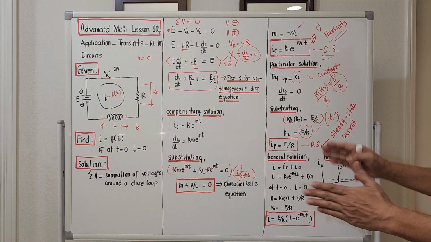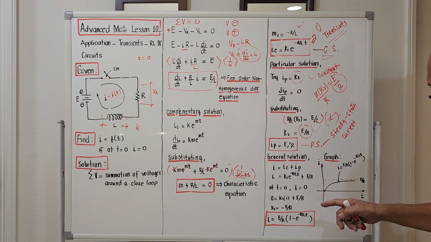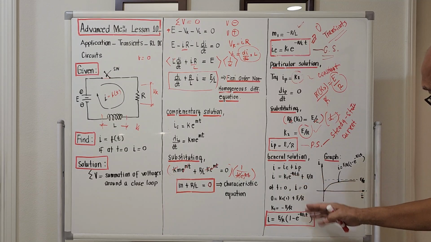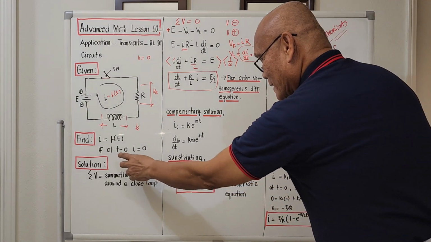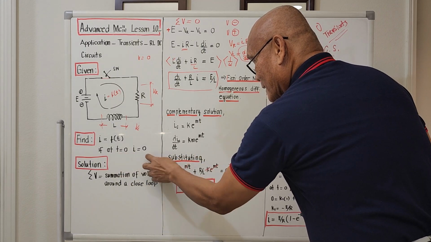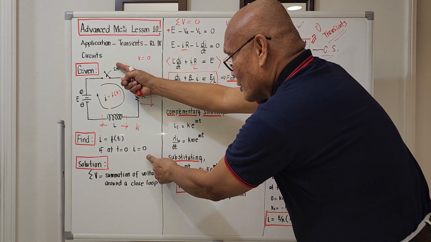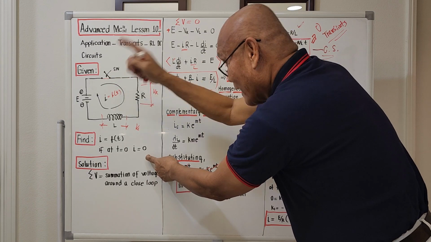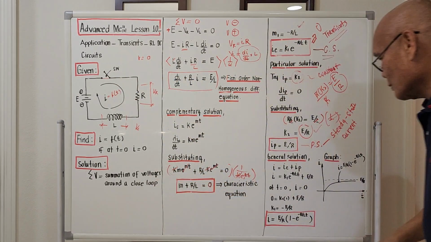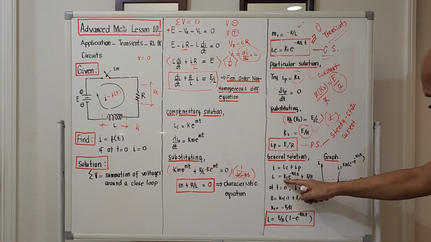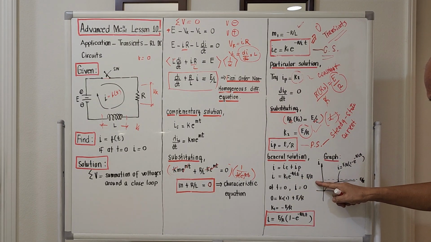To compute for i as a function of time, because for the meantime K1 is unknown, we will bring out the initial condition that at time t equal to 0, the current is 0. Just after closing the switch, the current will start from 0.